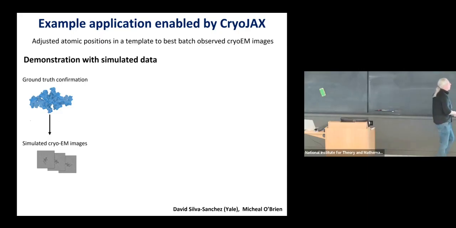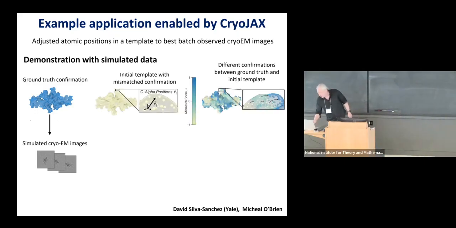I should note this work was done by David, who's at Yale. What he did is he said, okay, he has some molecule with some real conformation, and he simulates a bunch of potential cryo-EM images from that molecule. Then he imagines that he has a template which is of the same molecule but has a different conformation.